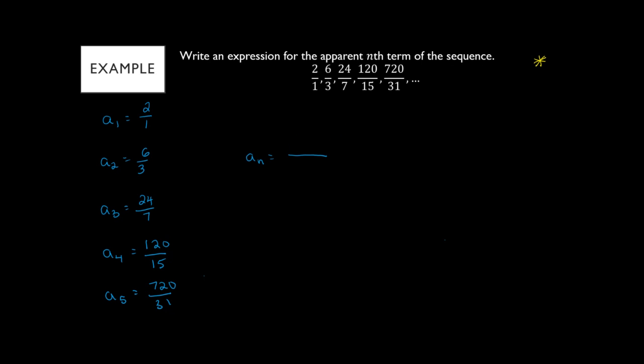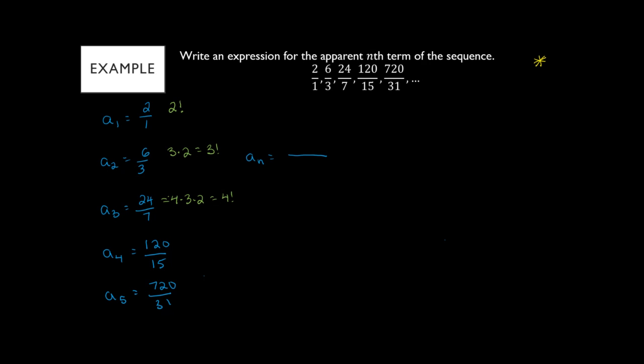Okay, so let's think about this as factorials. Let's say this is 2 factorial. 6 would be 3 times 2 times 1, or basically 3 factorial. 24 is 4 times 3 times 2, so that is 4 factorial. So notice whatever n is, the factorial is 1 more than that.